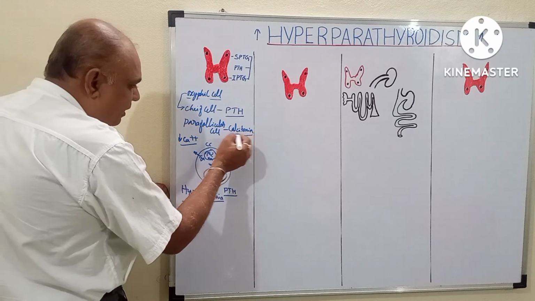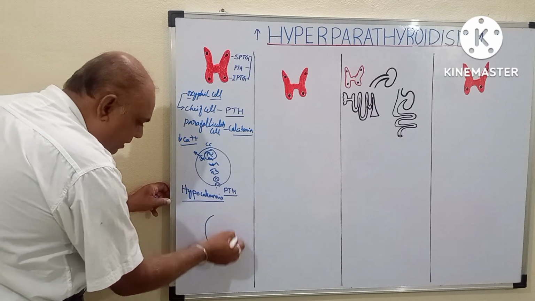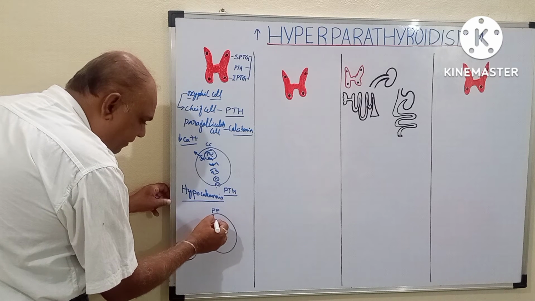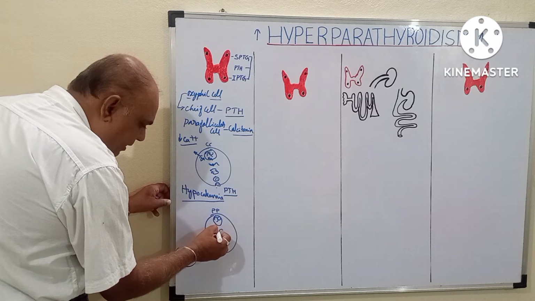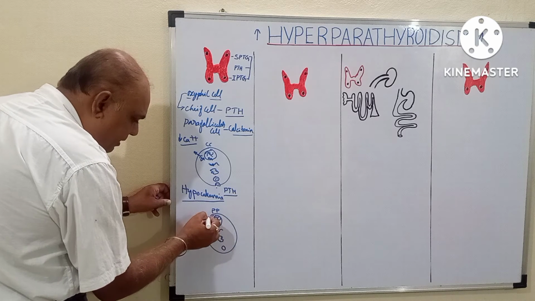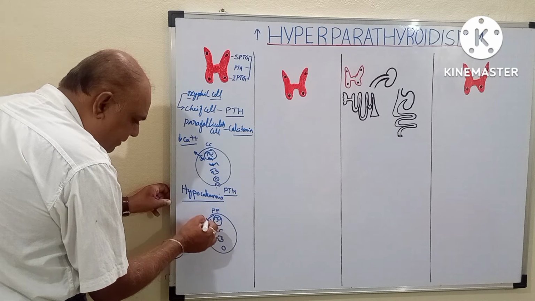Now let's see the calcitonin. This is a rough diagram of a parafollicular cell. It has a gene, a ribosome, a Golgi vesicle, and this is a receptor.